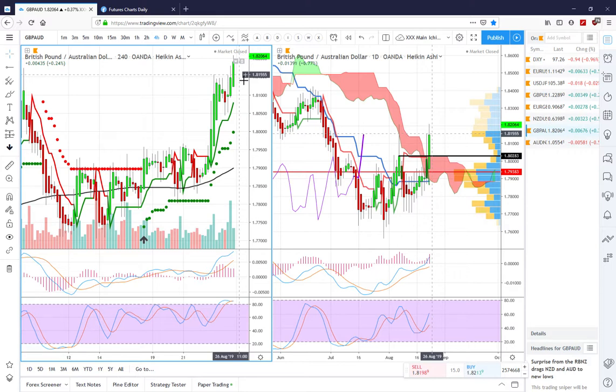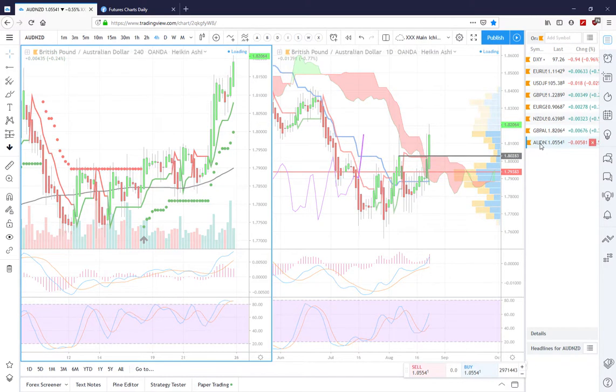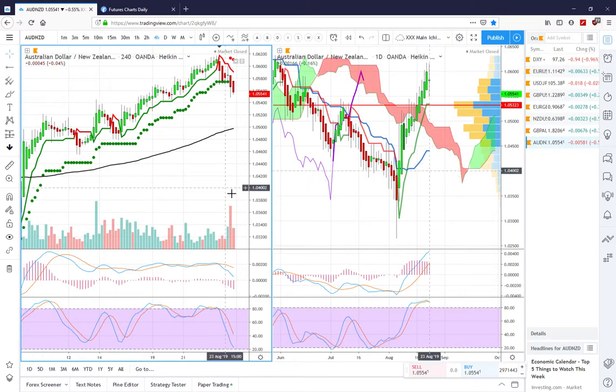So you want to continue to monitor this on the intraday, because price is almost certainly going to want to come back. Sometimes the Kijun will turn up if the momentum's strong enough. As we can see here, we've got plenty of momentum from back here.